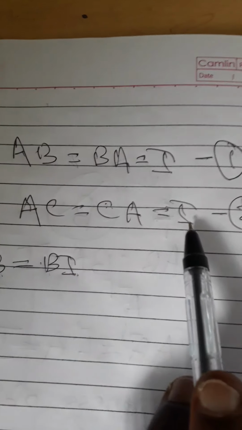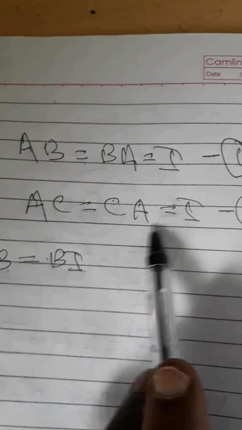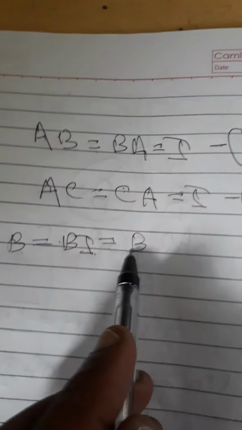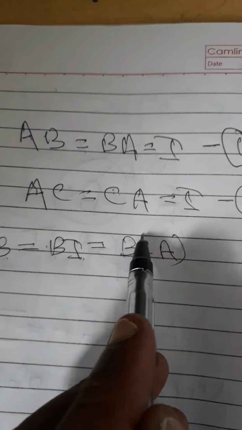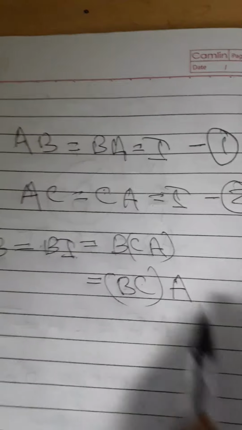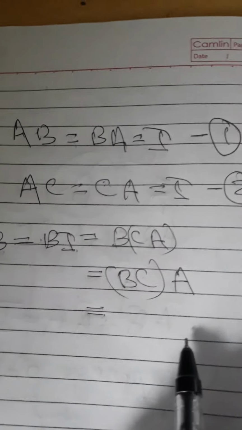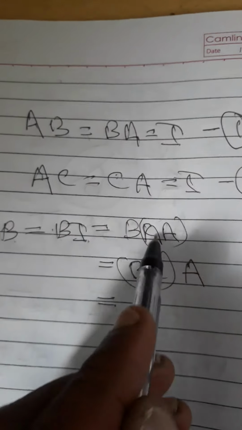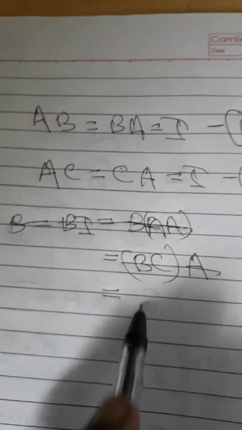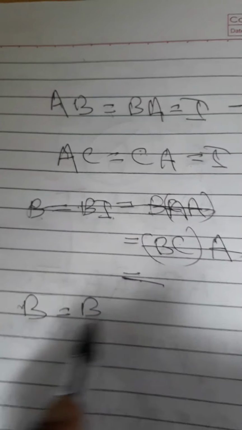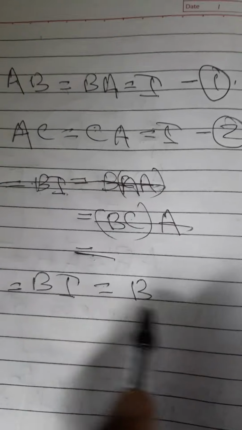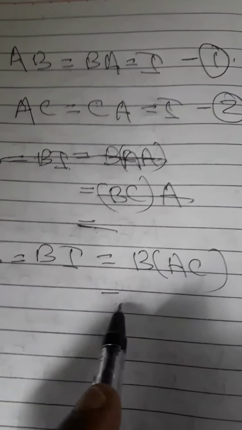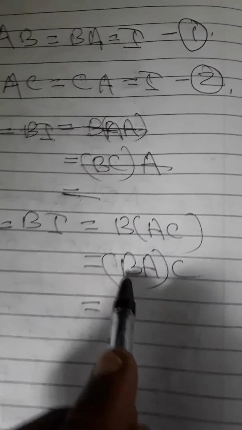Now let me consider I is equal to C into A. This will be equal to B into C into A. Or what I will do is I will consider A into C. Let me consider B is equal to B into I, which is equal to B into AC, which will be equal to BA into C. BA is what?